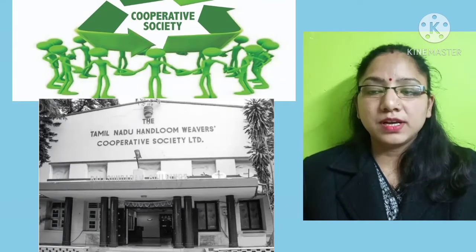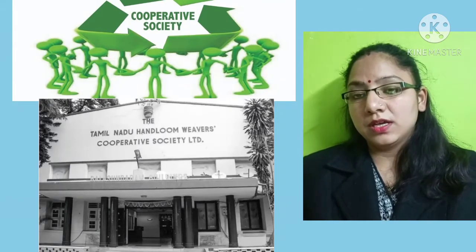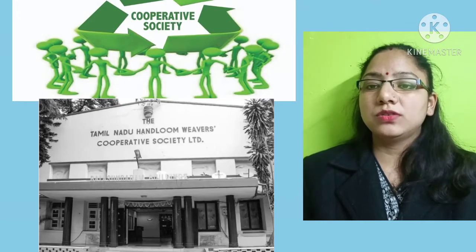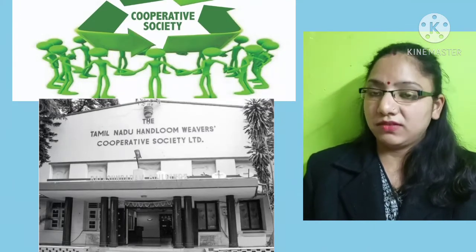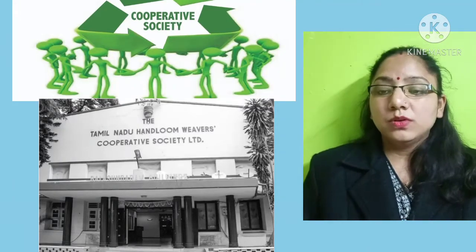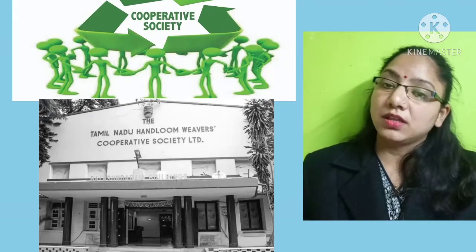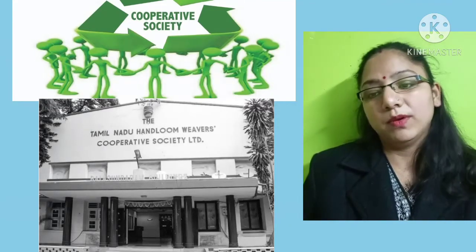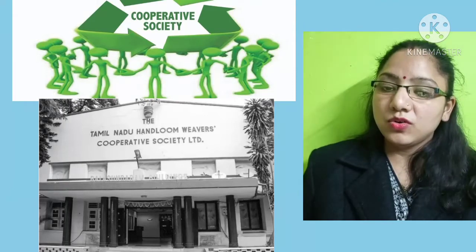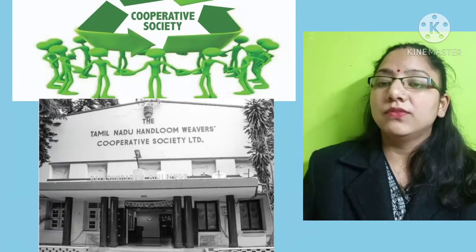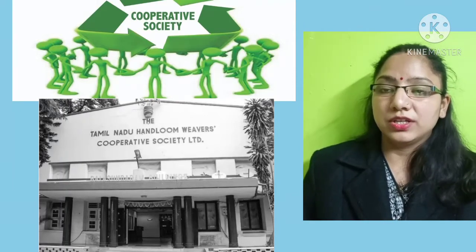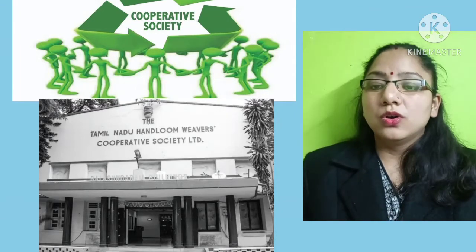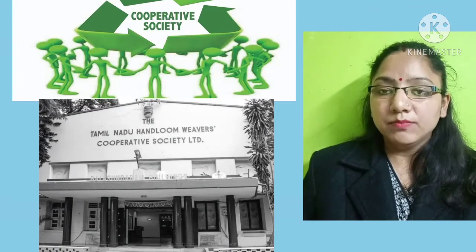As you have heard about the cooperative society, the weavers also decided to set up a cooperative society. The cooperative society is the solution for their problem, because in it the weavers help each other and there is no role of any merchant.